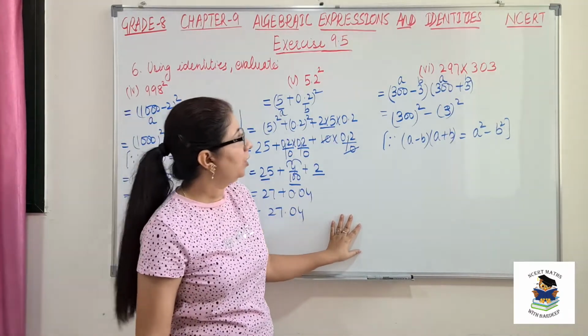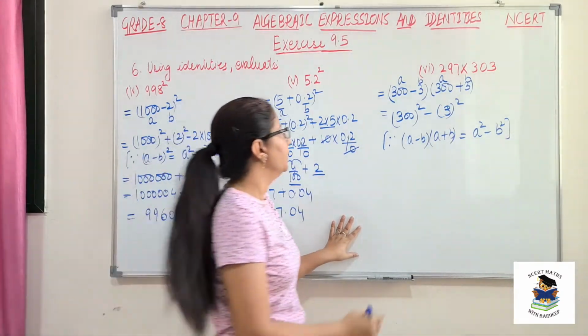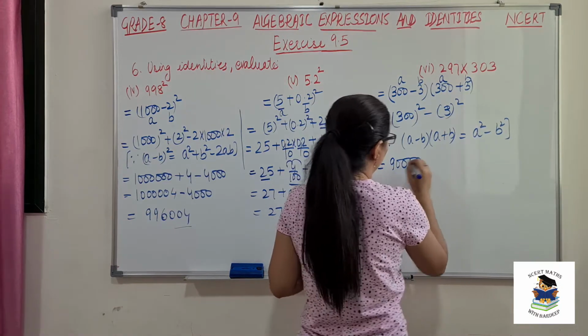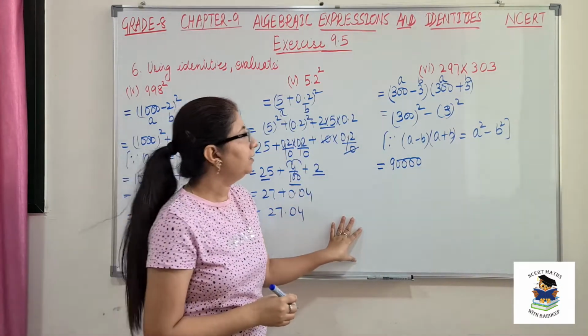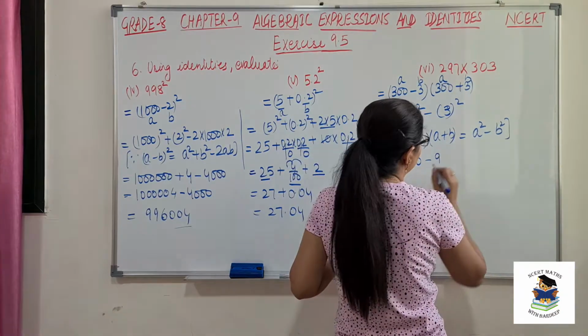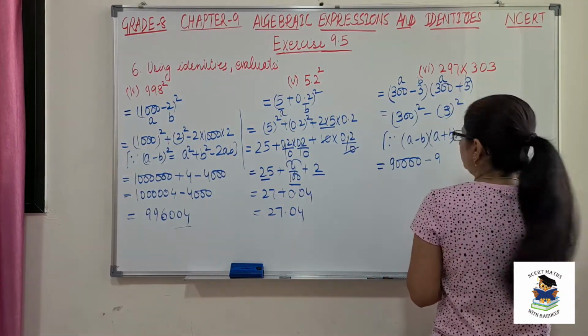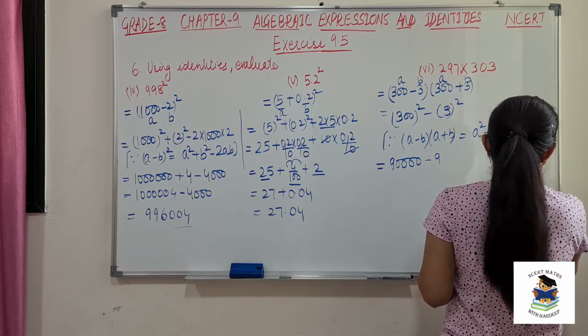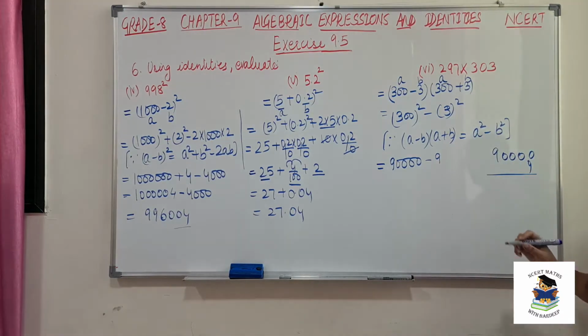Okay. So now solve it. 300 square means 3 into 3 is 9 and 4 zeros. Okay. 3 square is 9. So you can solve it. 9 with 4 zeros, 1, 2, 3, 4. And we are subtracting 9. Okay.